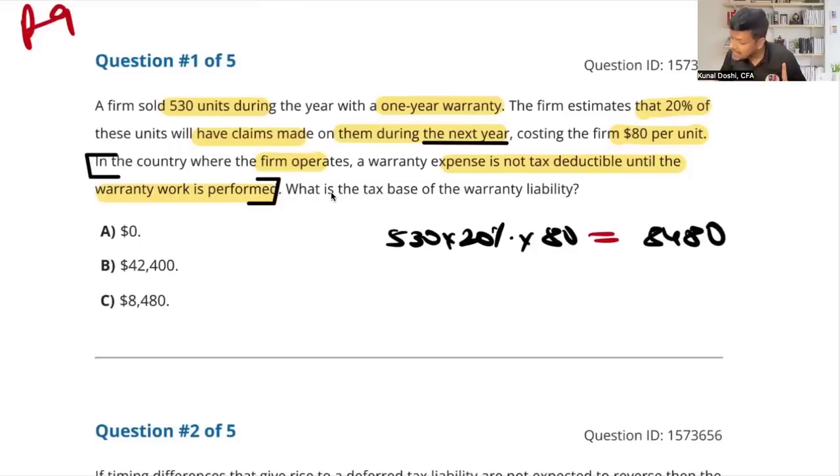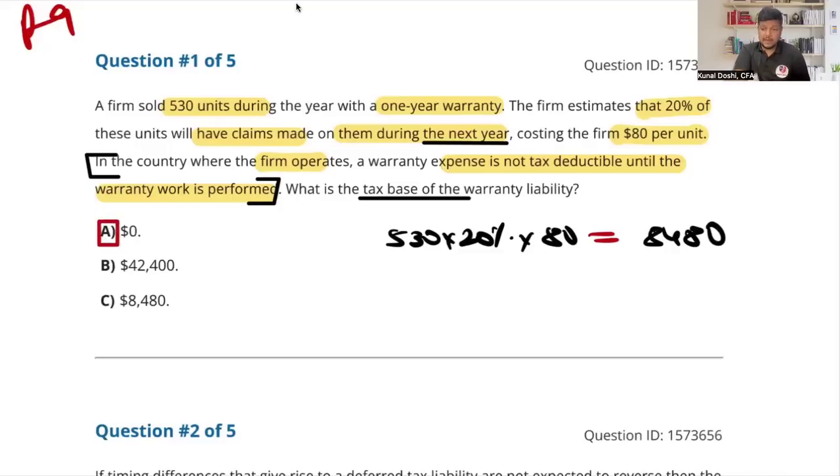No. They have asked, what is the tax base? Tax base means what should I report in the tax. Will there be any liability in the tax reporting in the first year? No. In the tax reporting, it will appear only in the next year. In the financial reporting, it will appear right now. So will there be any tax base? No. It's a very, very tricky question. The answer is 0.